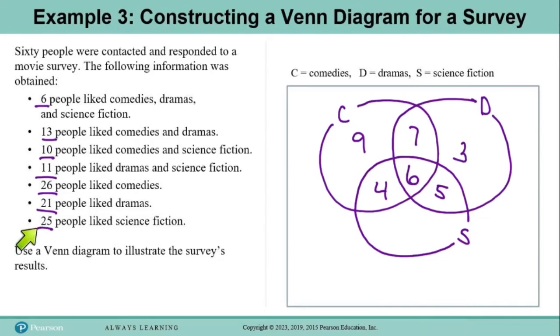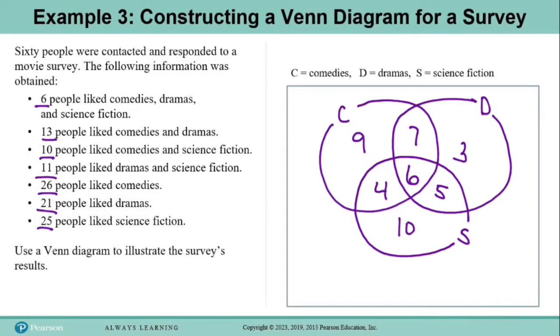And then the 25 people who like science fiction would be the total for the science fiction circle. So we know that 4 plus 6 is 10, 10 plus 5 is 15. So 15 of those 25 people are right here. And then 25 minus those 15 people leaves 10 people who like only science fiction.